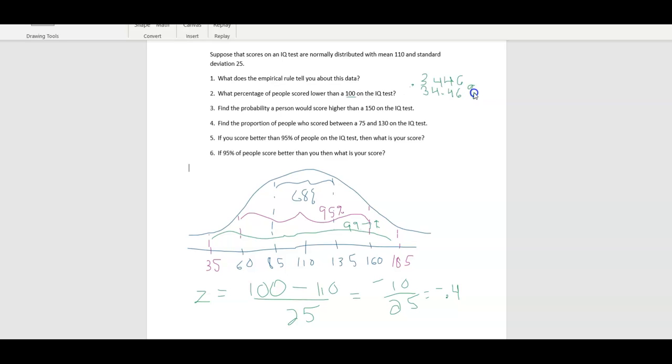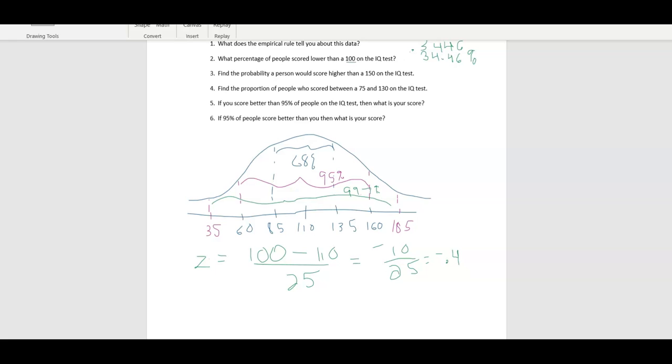All right, now let's look at number 3. Find the probability a person would score higher than a 150 on the IQ test. So we're going to do the same thing we did for number 2, but we're going to use 150 instead of 100. And I want you to notice that this time it's higher.